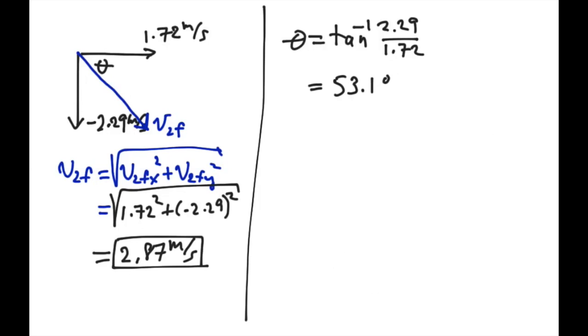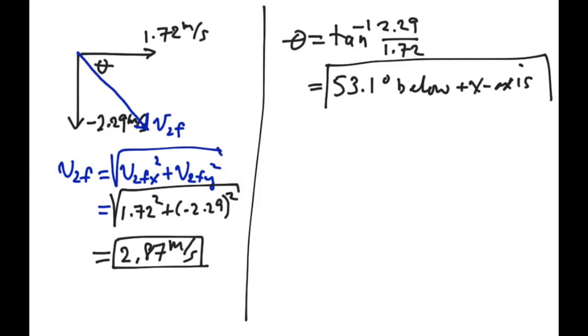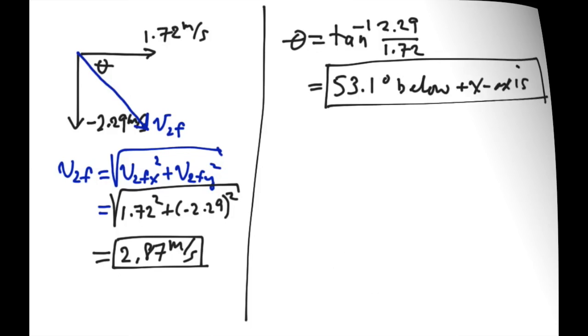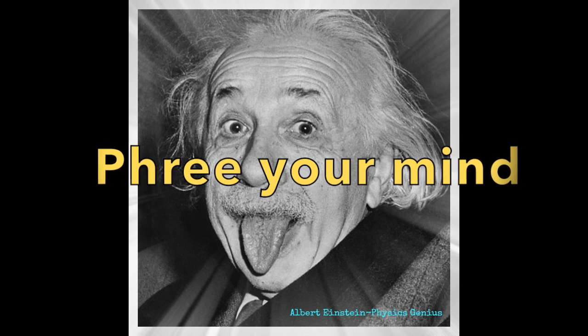So that's going to be 53.1 degrees below the positive x-axis. So mass 2 is veering off at 53.1 degrees below the positive x-axis at a speed of 2.87 meters per second. That's our final answer.